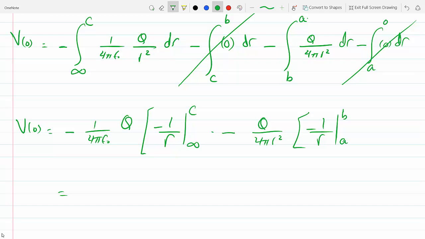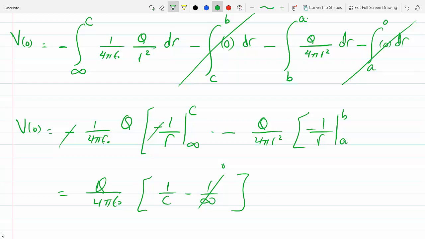we get Q over 4 pi epsilon. Let me cross out these minus signs here. So we get 1 over C minus 1 over infinity. This is 0. Q over 4 pi epsilon, there is no R squared here.